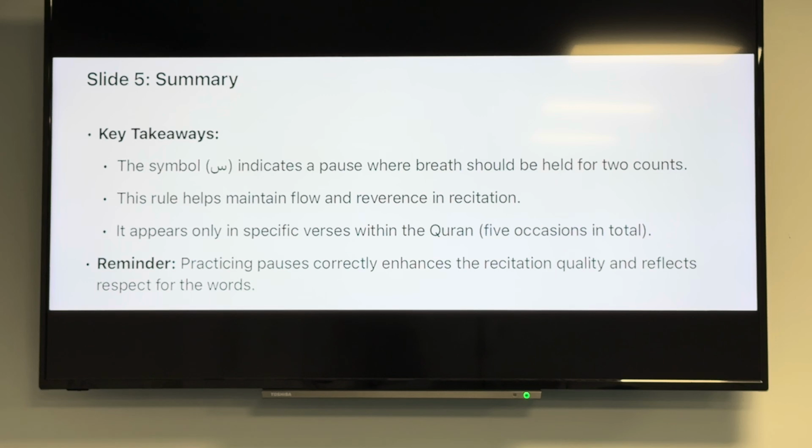So for example, qaf coming from the right place, kaf coming from the right place, jim coming from the right place, dal coming from the right place. And when you are reading the Quran, you're not skipping the sound of any letters.